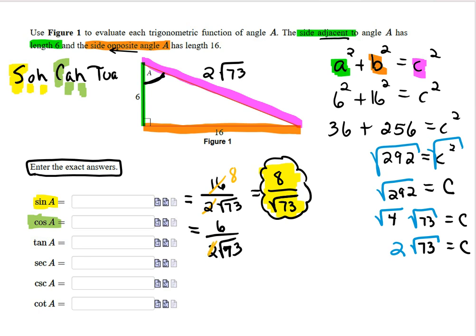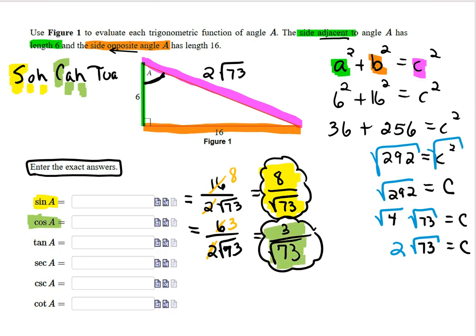And I can do the same thing here. This 2 goes into that 6 3 times. So this is 3 over the square root of 73. So that is my cosine.